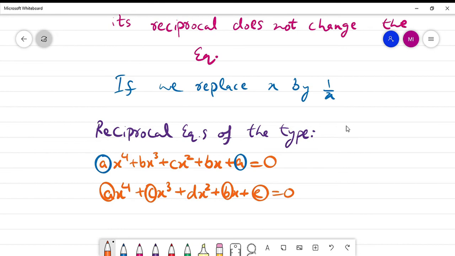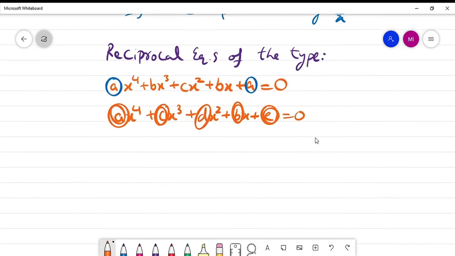They're going to be numbers and they have to be equal. The x to the fourth term's coefficient and the constant must be equal, and the cubed term's coefficient and the linear term's coefficient must be equal.